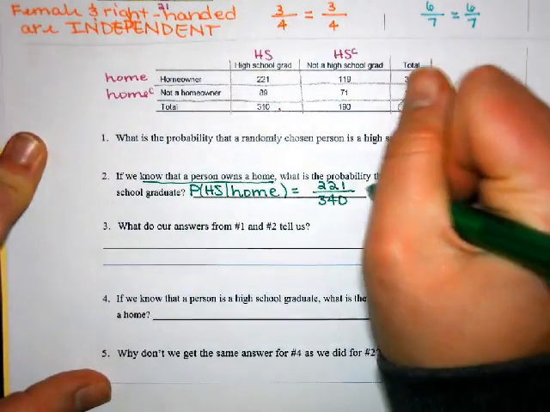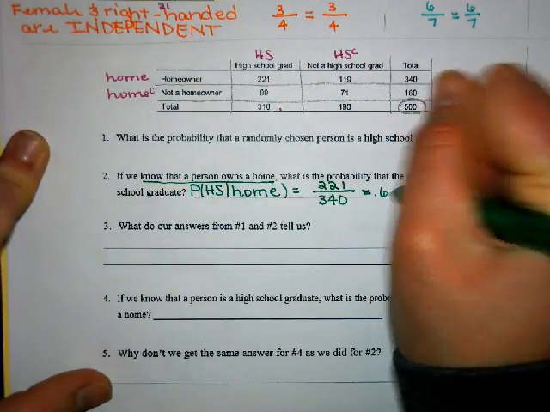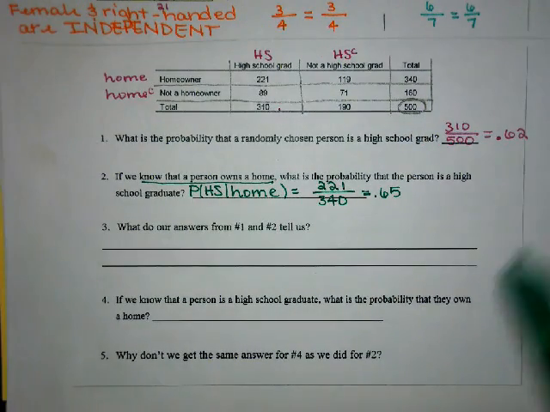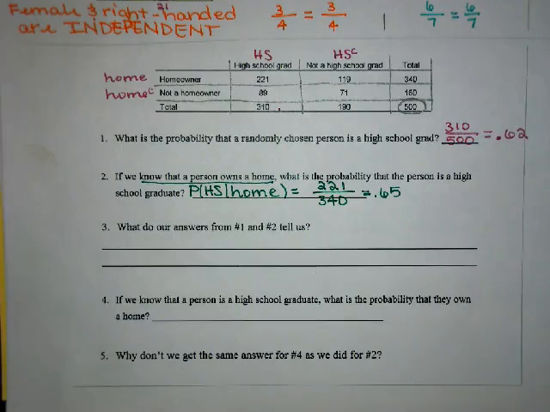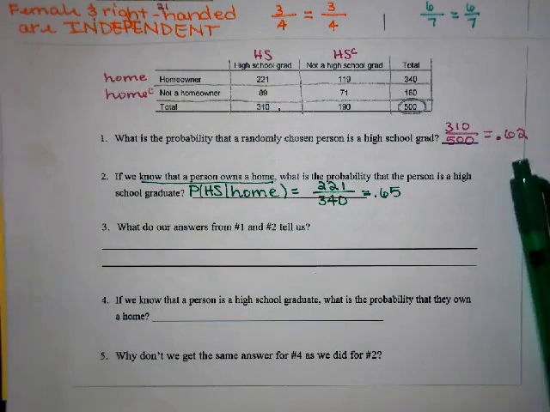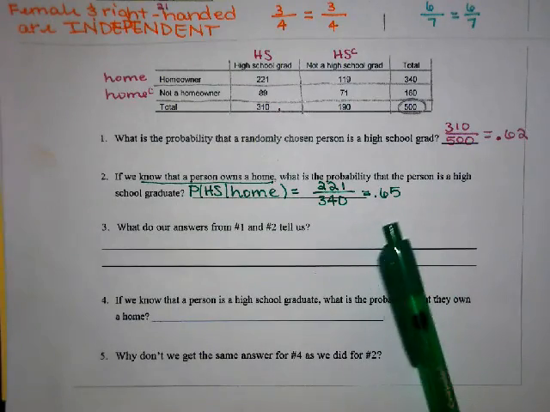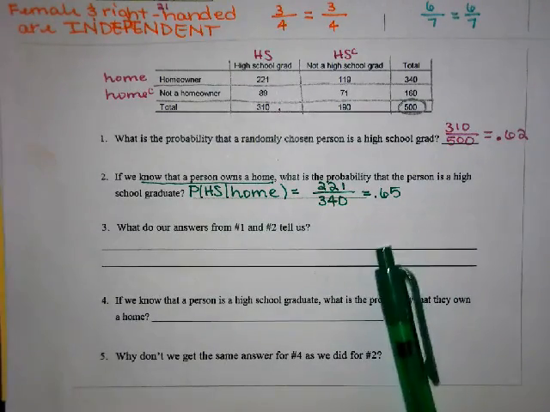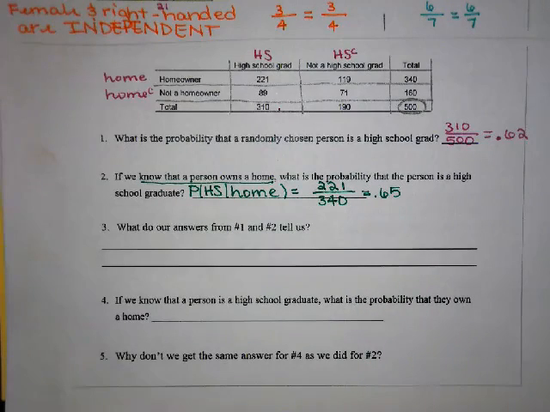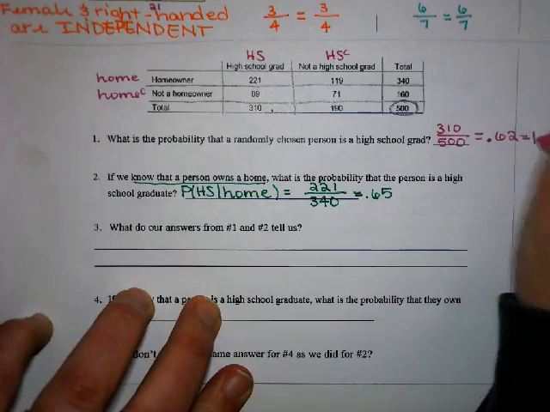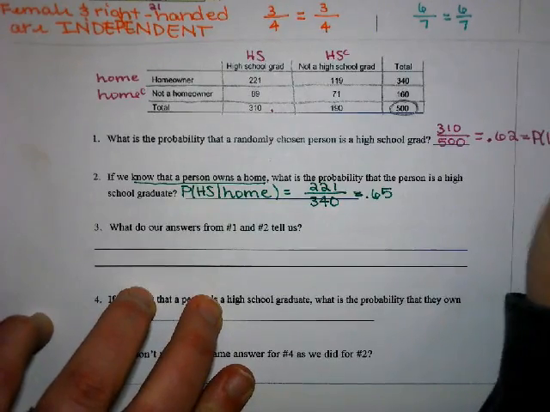Well, besides the fact that they tell us the probability that one of these 500 people graduated high school, or the probability the person graduated high school knowing they own their home, they tell us that the two events are not independent, because this is the probability of graduating from high school, and this is the probability they graduated high school given they own their home.